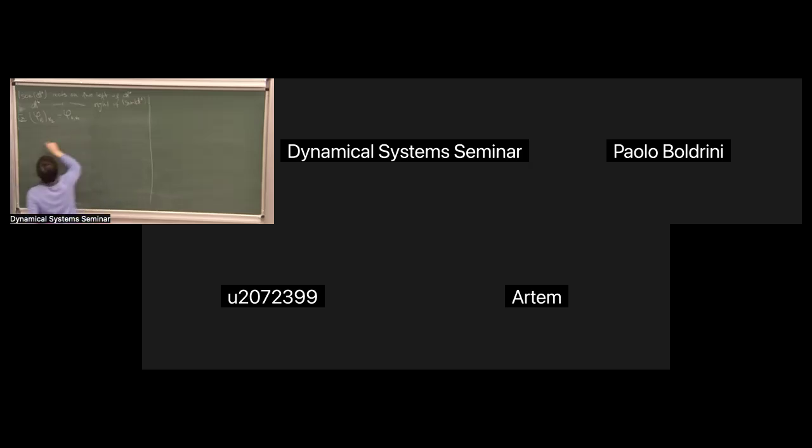Also, the fact that if I have two tree automorphisms, two isometries, and I look at, I'm going to call this a section.